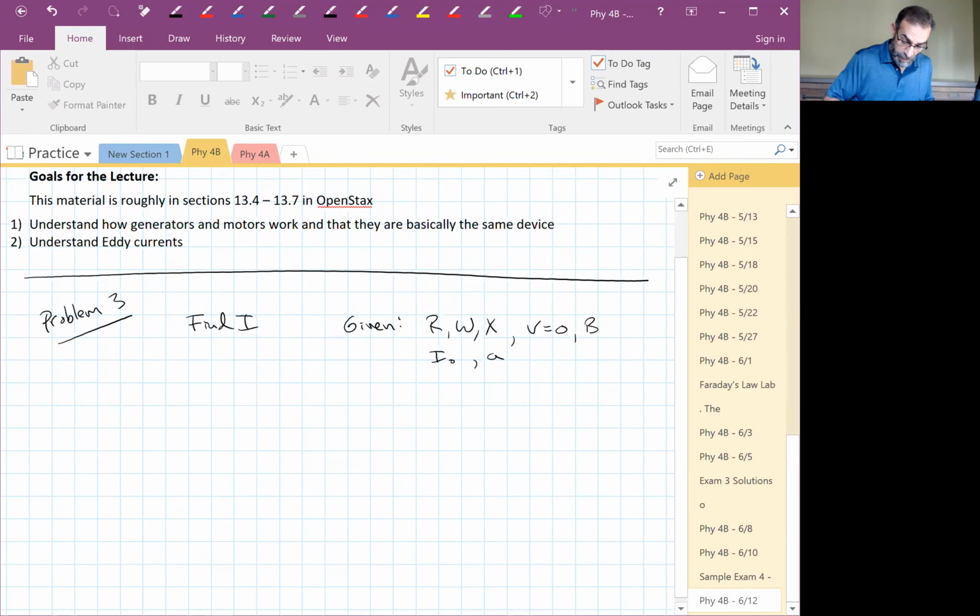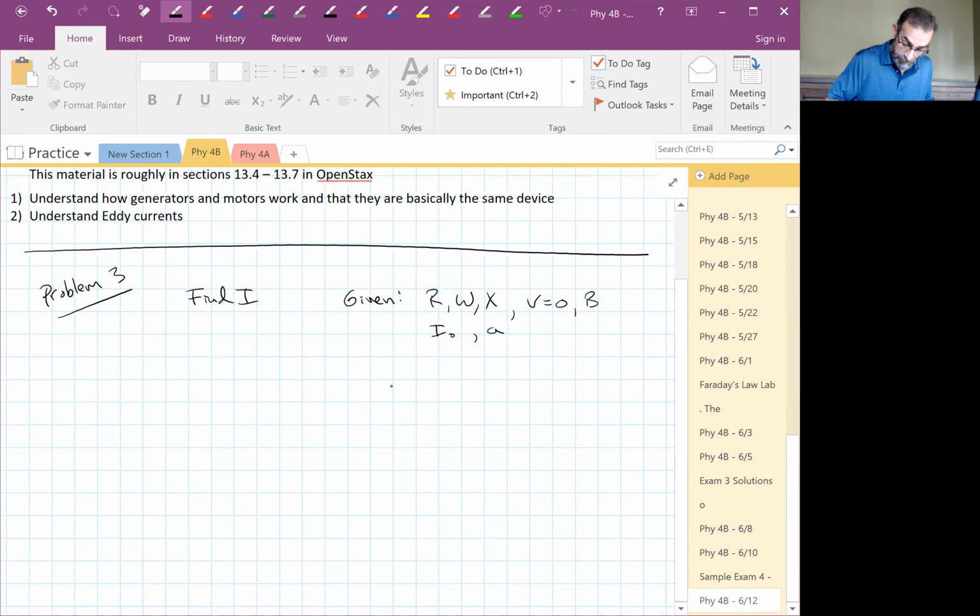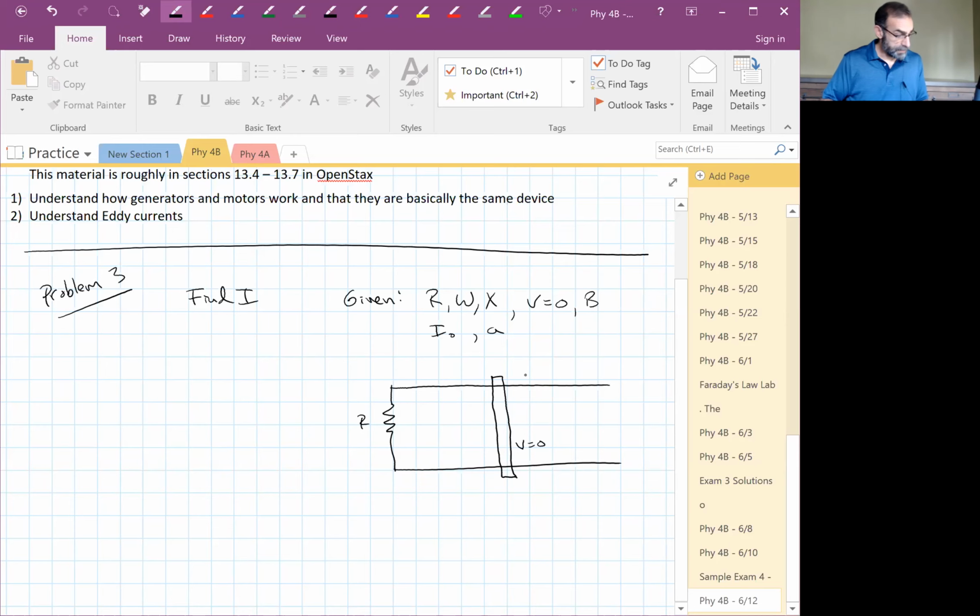We've got a circuit that consists of these conductive rails. We can slide a conductor along it. And our magnetic field is being caused by a wire over here.